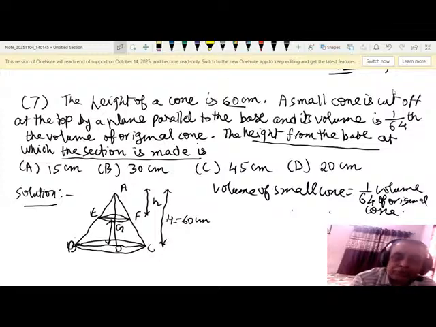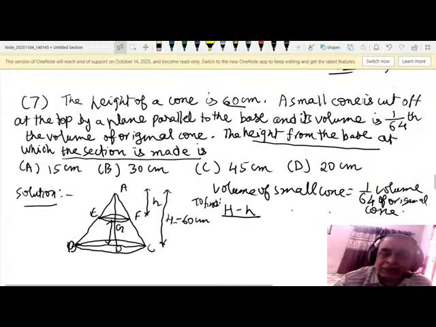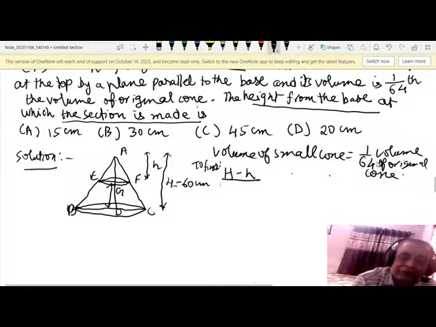So we have to find capital H minus small h, which means we will have to calculate the length of small h.